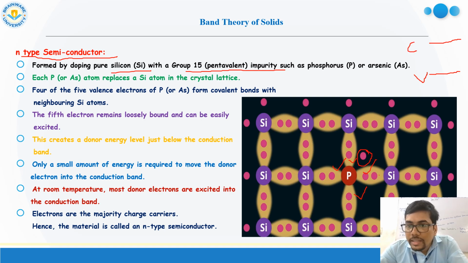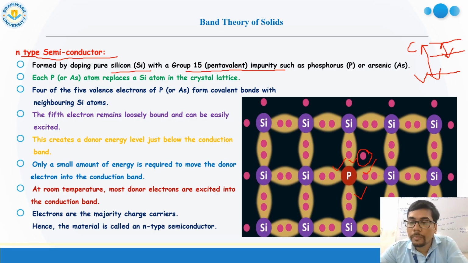Now these electrons form a donor impurity level just below the conduction band. So what happened? The energy gap between valence band and conduction band, called the forbidden energy gap, is high. But the energy gap between the donor impurity level and the conduction band is small.